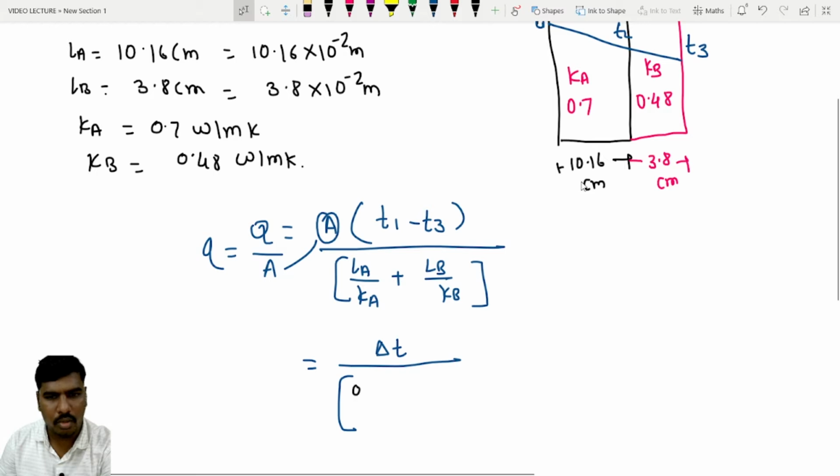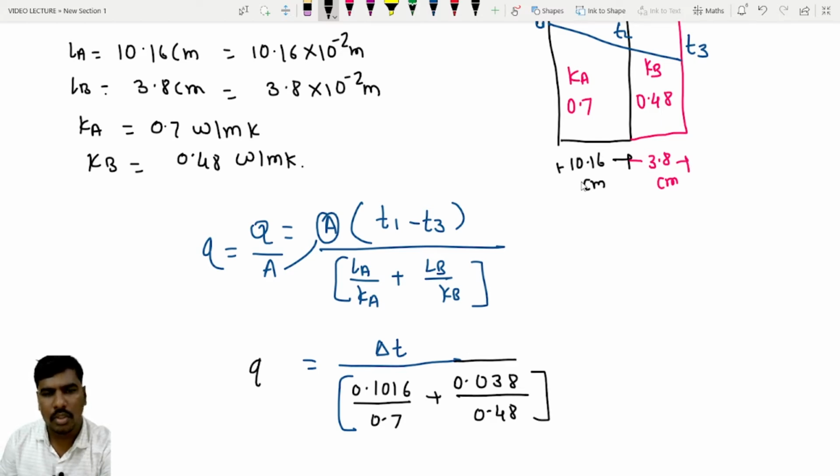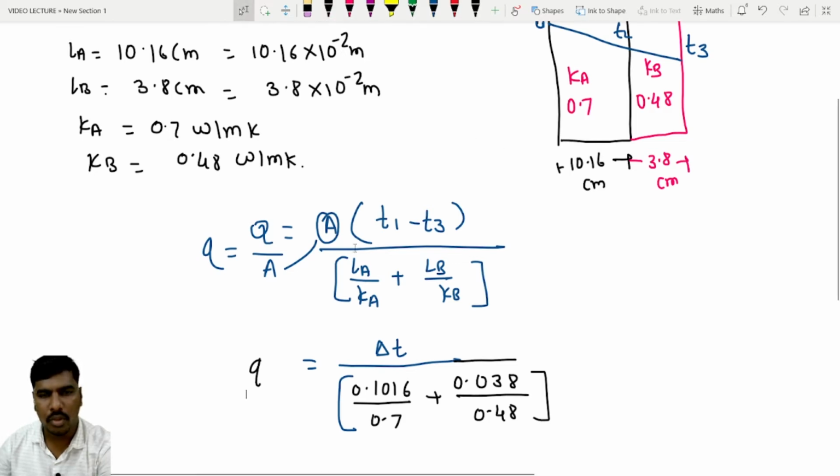Convert that into meter, 0.1016 meter, divided by the thermal conductivity of the first layer, 0.7, plus for the second layer, Lb is 3.8 centimeter. Convert that into meter, 0.038 divided by 0.48, the thermal conductivity. Delta T upon this is small q, that is the heat flow or heat flux.